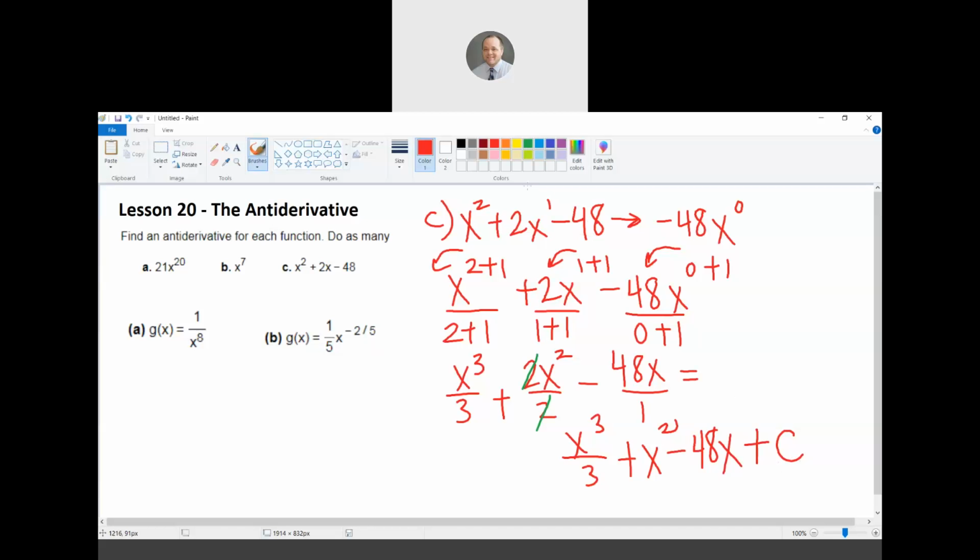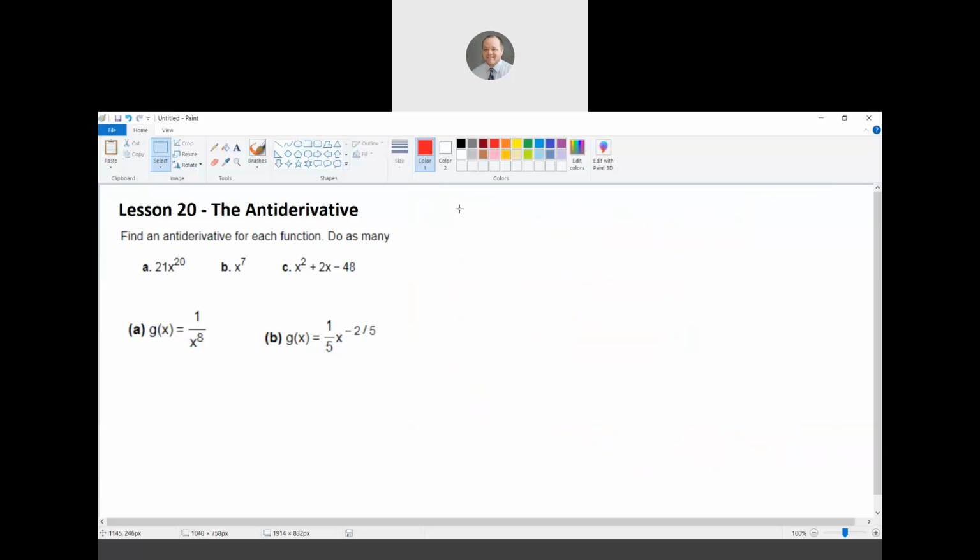Let's look at the next set of problems. Second question A, we have g of x equal to 1 over x to the 8th power. And in order to find the antiderivative, let's rewrite our fraction with a negative exponent.